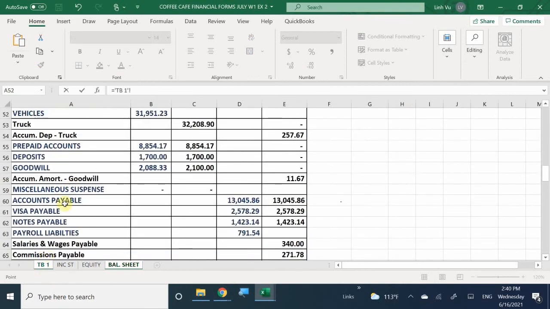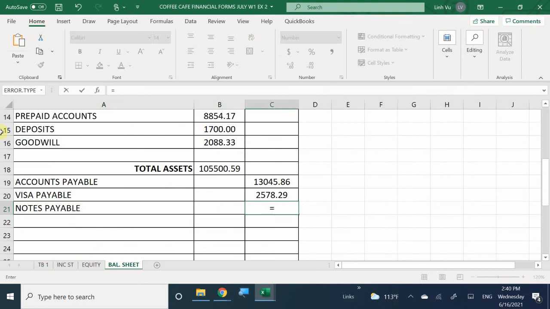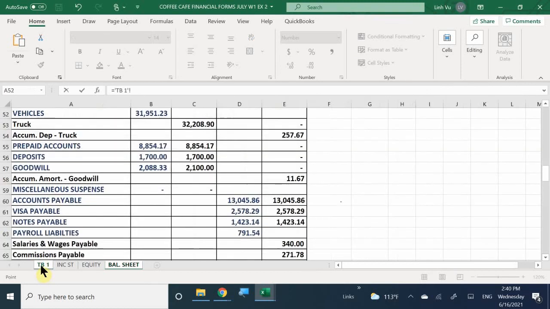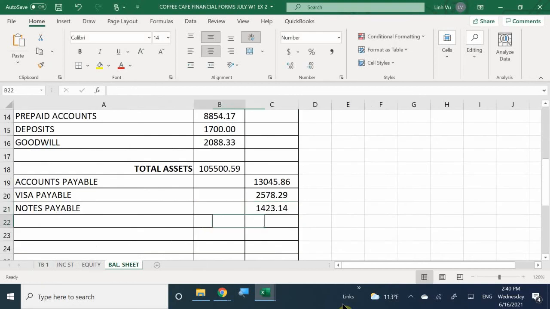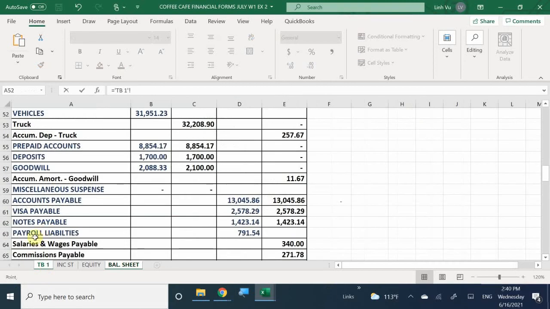Notes payable for the 14.23.14. And payroll liabilities for the 791.14.